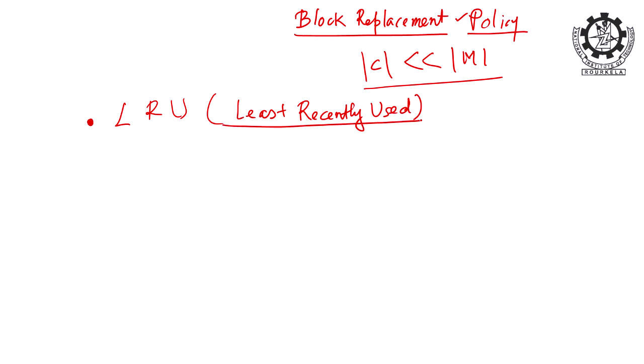The LRU policy says that when the cache is full, that means all blocks are full, you need to first identify which block should be replaced, and then the incoming block will be placed in that particular block.